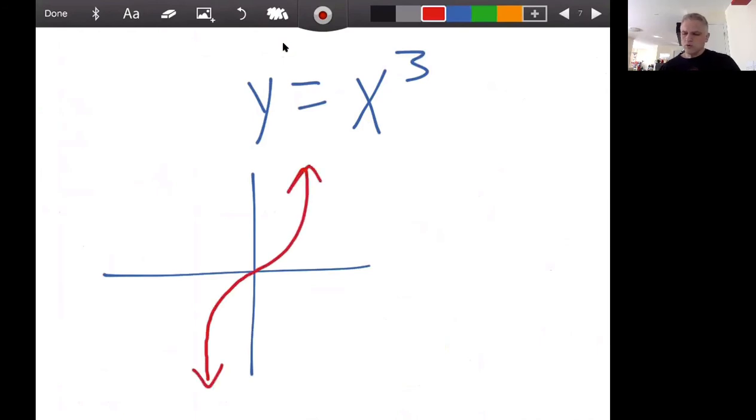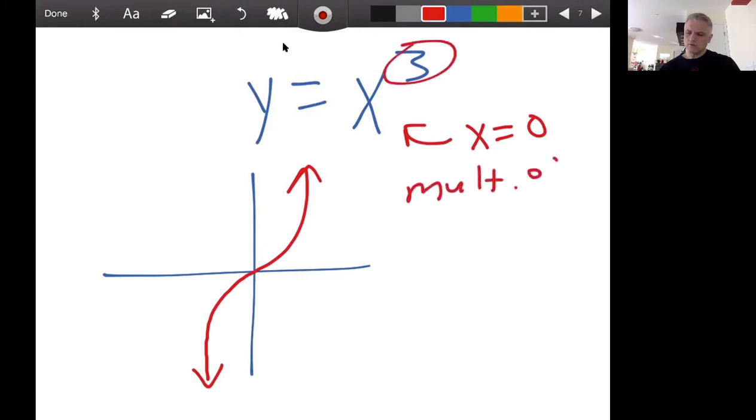So right here, you could say my 0 is obviously 0, right there. With that in mind, I'm asking you, what happens at that 0? At that 0, it crosses, okay? So with a multiplicity of 3, what happens?